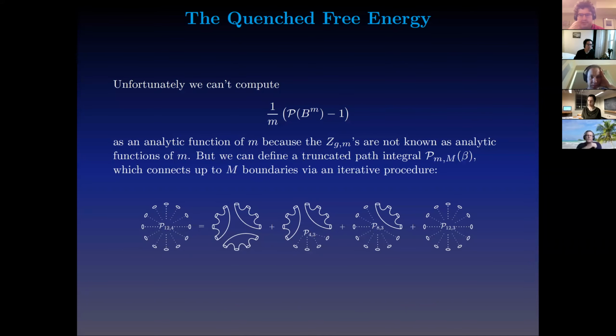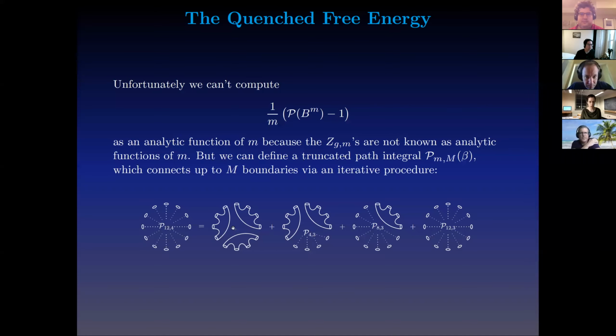a truncated path integral. We denote this P little m comma big M. The idea is that it takes little m boundaries and connects up to capital M of them by an iterative procedure. Here's an example, P 12 comma 4, meaning there are 12 boundaries involved and up to 4 are connected.